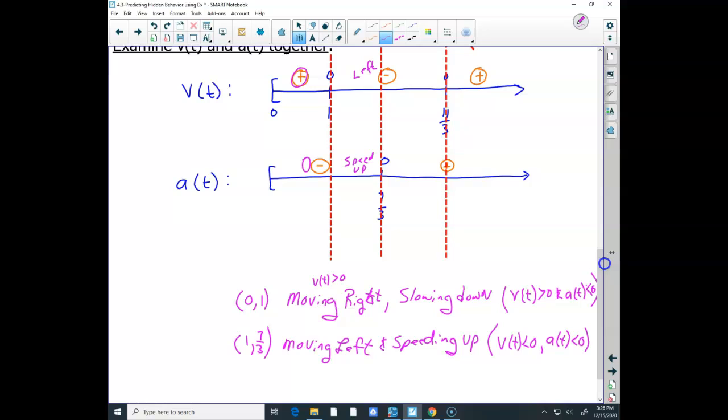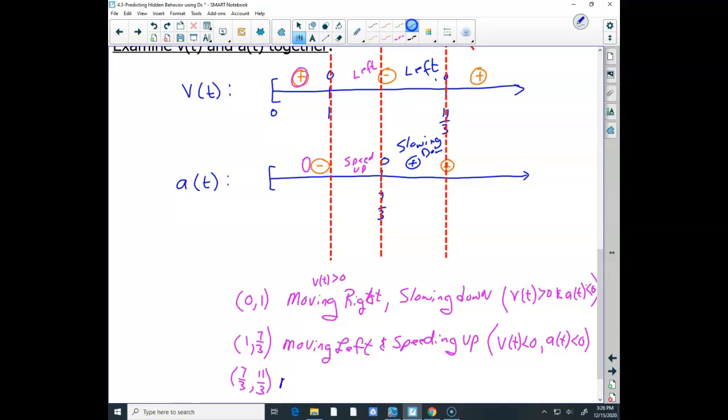What's happening from 7/3 to 11/3? Well, I can see I'm going left because velocity is negative, and acceleration is positive here, so I'm slowing down. I'm only slowing down because of the positive and negative signs.